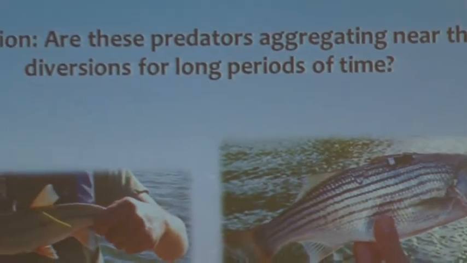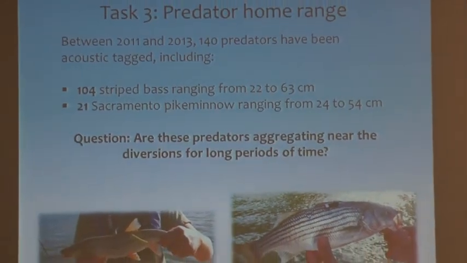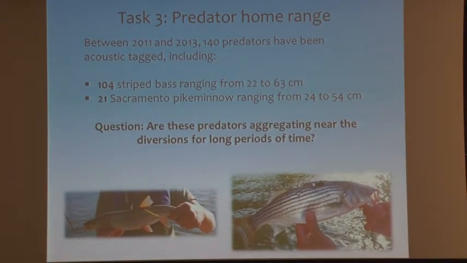Okay, we've also been interested in whether the predators at these sites hang around there all the time or whether they're coming and going. They're just transients that take up temporary residence there. So we've been tagging the predators that have been caught with the familiar by now acoustic tags.